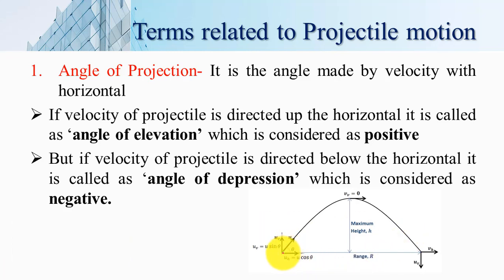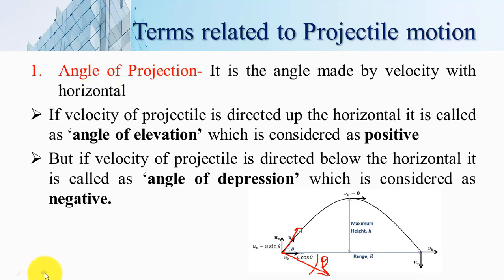Here you can see it is projected up from the horizontal, so it is the angle of elevation and theta will be taken as positive. Another case is when it is below the horizontal. In that case it will be the angle of depression, and this much will be theta, which will be considered negative. Likewise, the angle of elevation and angle of depression can be differentiated, but both are related with the angle of projection.